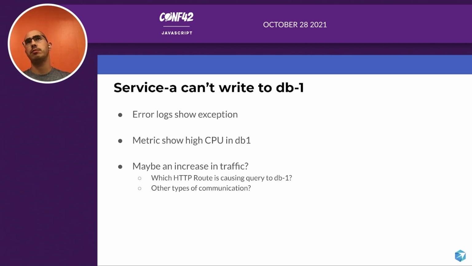So let's think together what you can do at that point. You have a service that is not able to write to a database. This is probably a high priority thing. We may have data loss. Most likely the users are noticing it. How are you going to understand what's happening there?